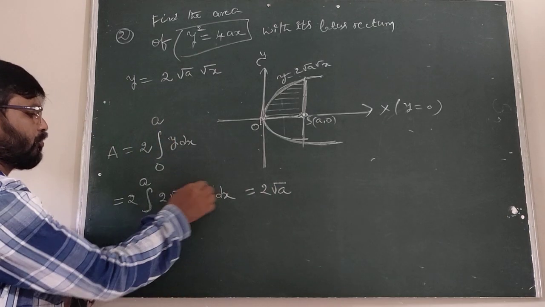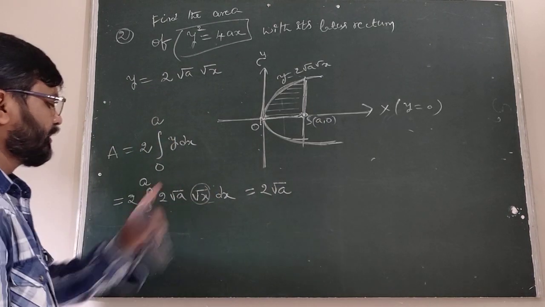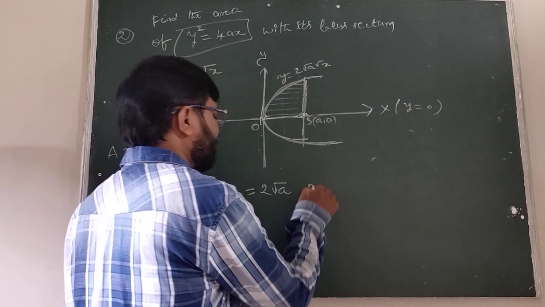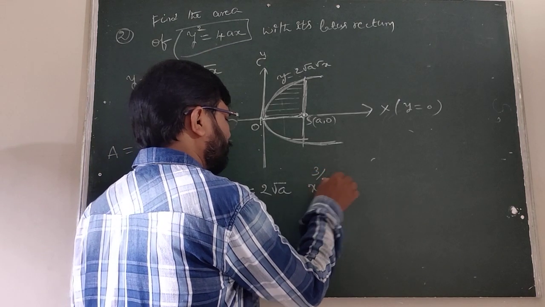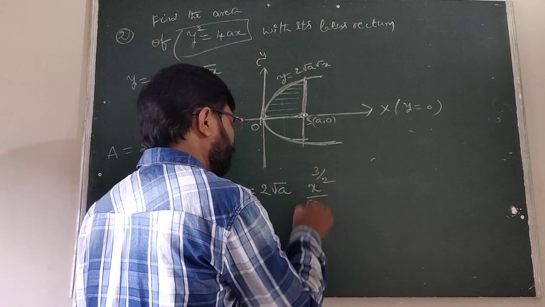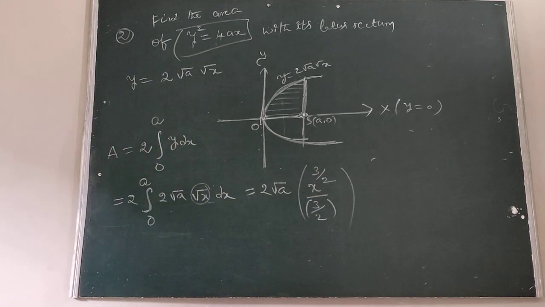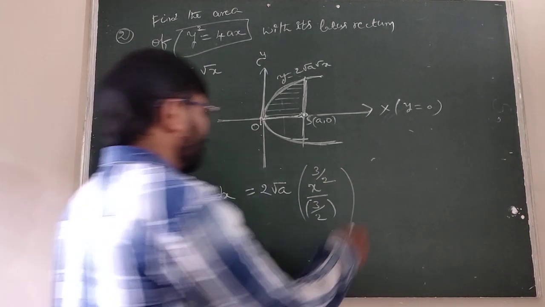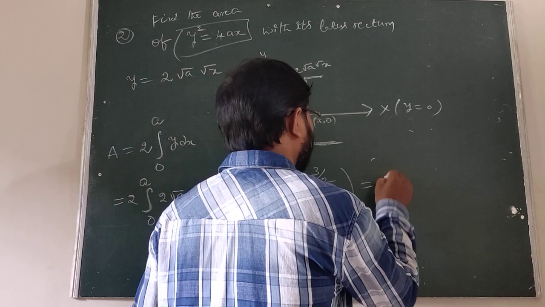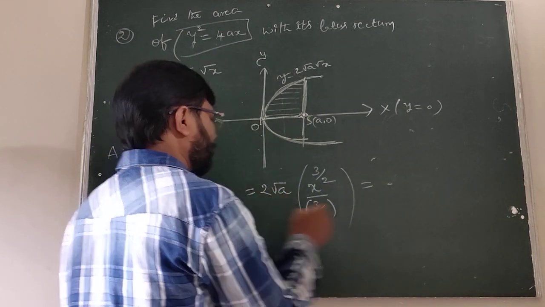The integral of root x, we have to know, is x power 3 by 2 upon 3 by 2. Is it clear? Okay. Then you can write 2 into 2 is 4.